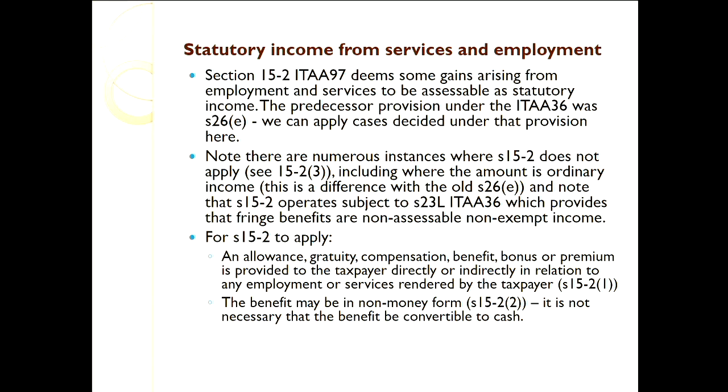It must be directly or indirectly in relation to any employment or services. Now, the courts have said, well, the nexus or connection requirement is not as demanding as ordinary income, but it's still there. This is not that useful for us, right? To simply say it's not as demanding, but a connection is needed.